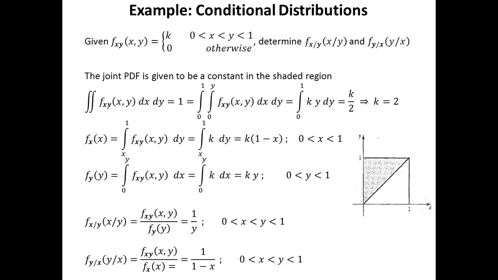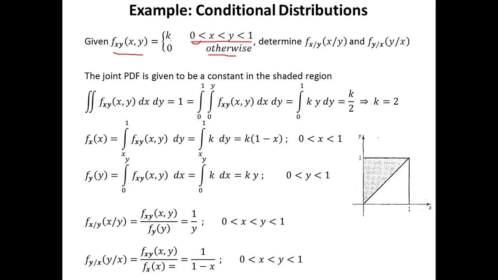Let us consider one example. In this case f_XY is given as k for the range 0 less than x less than y, and the density function equals 0 otherwise, meaning if x, y is not satisfying this relation then the density function is 0.